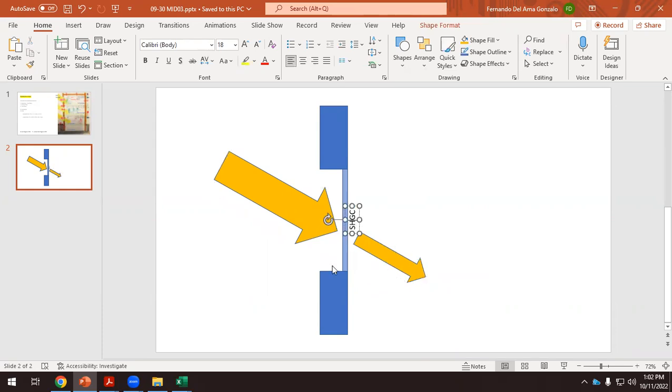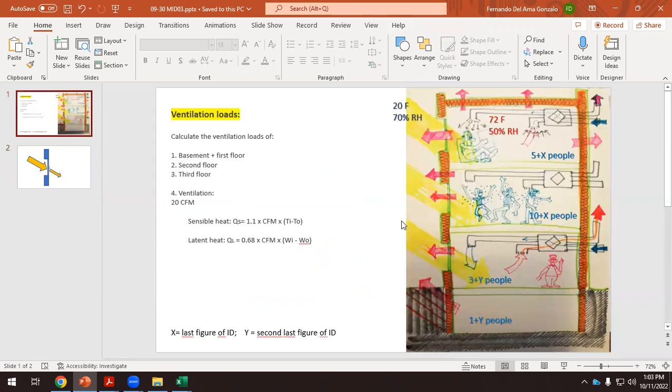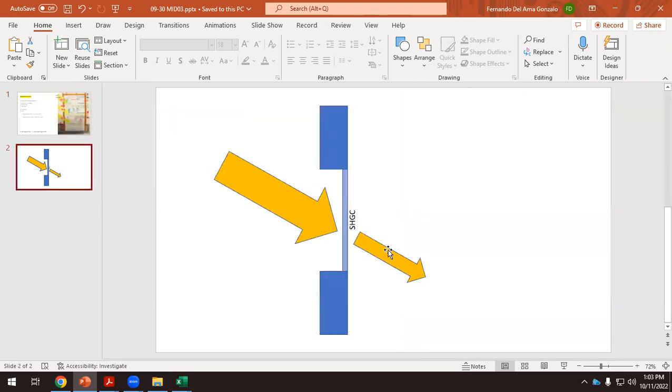If this solar heat gain coefficient is very low, then this arrow is much smaller. That's the idea of the solar heat gain coefficient. So what do I need to understand now? We have the yellow sun rays outside the building, and then part of this solar radiation enters the building. That depends on the solar heat gain coefficient that we have in this window. So we need to calculate this value, and this is what PVWatts does.